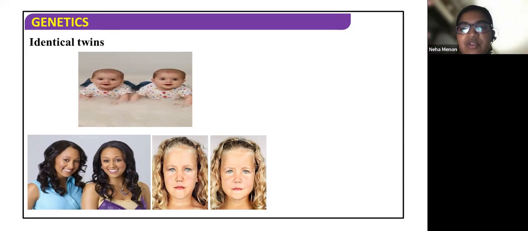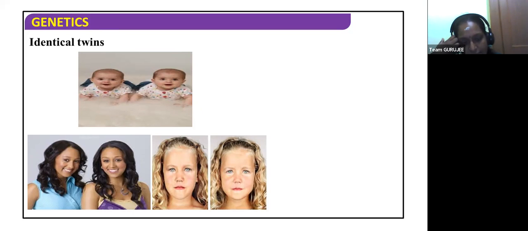One is when the embryo is formed and later divided, and the other is in rare cases where 2 sperms fertilize the egg simultaneously. So identical twins are monozygotic twins. They happen when a single egg is fertilized, then divides into 2, creating 2 different organisms. So you have to call them monozygotic twins. I told you the term, I guess.